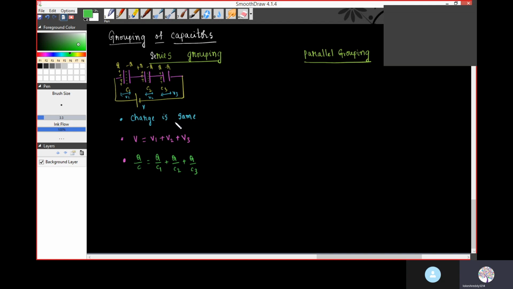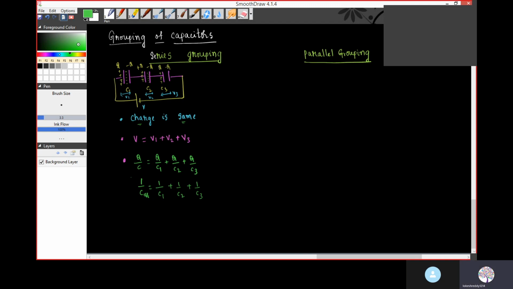Q gets cancelled because I said the charge is same. So you get 1 by C effective. That means if I remove these three and place a single capacitor, that capacitor is C effective, equal to 1 by C1 plus 1 by C2 plus 1 by C3.